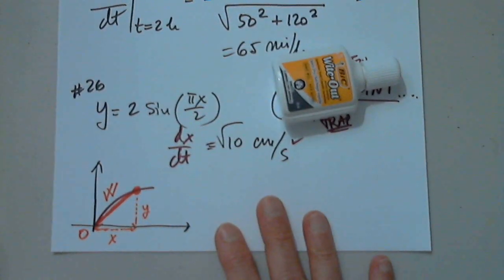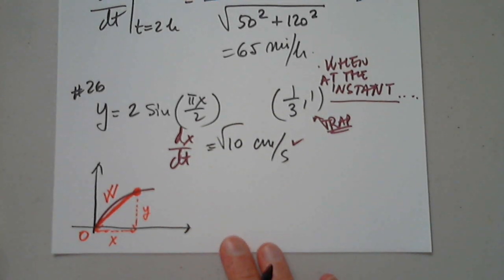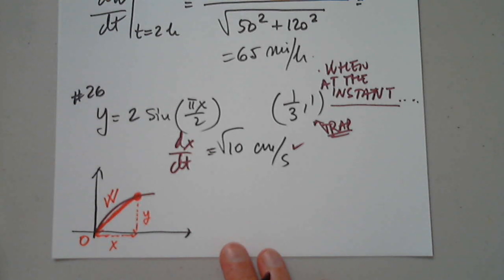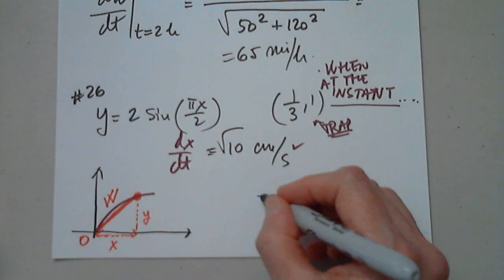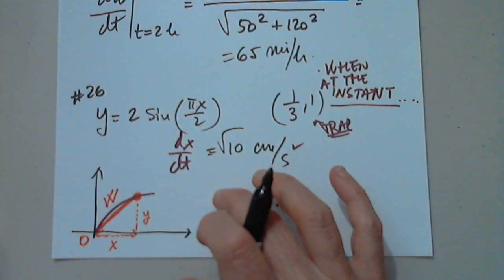So what is the question here? What am I asked to find? It's basically the same problem as the one from before. What am I asked to find? I need to determine this. But I need to identify what it means.